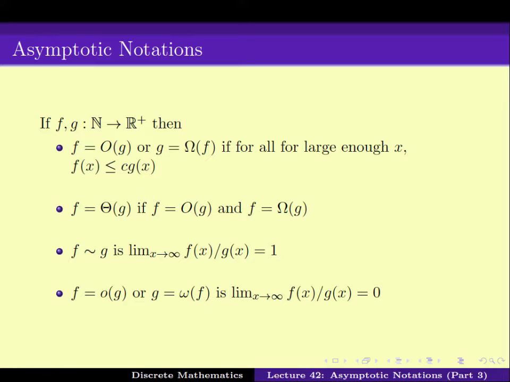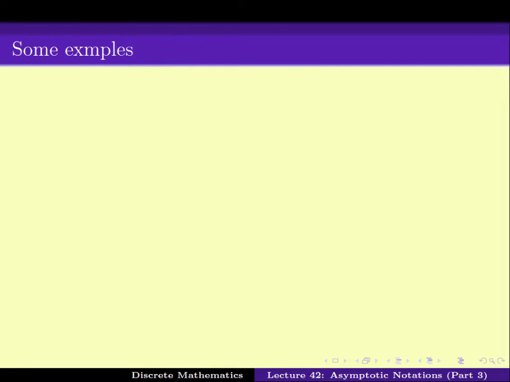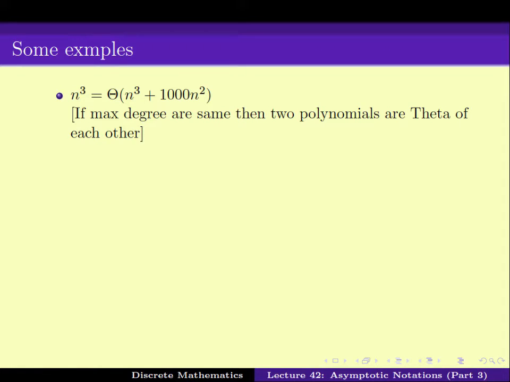So in fact, with this set of asymptotic notations in our hand, we can now try to solve the recurrence relations. Now, the first thing to note is that there are some examples that we did last time, namely, when we are comparing two polynomials, all we have to look at is the maximum degree.